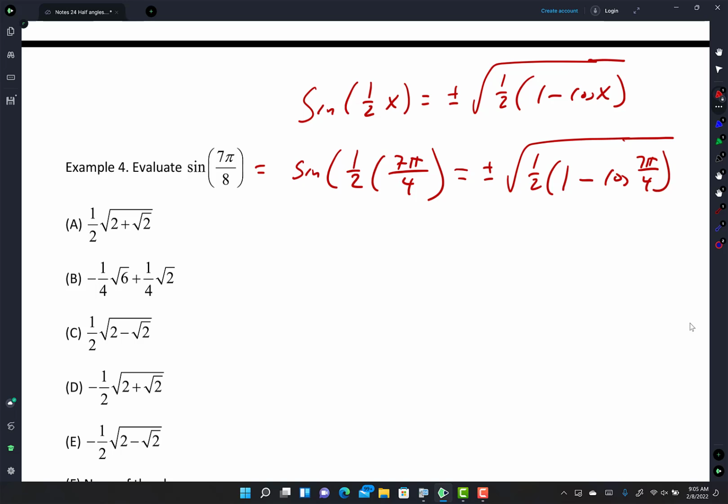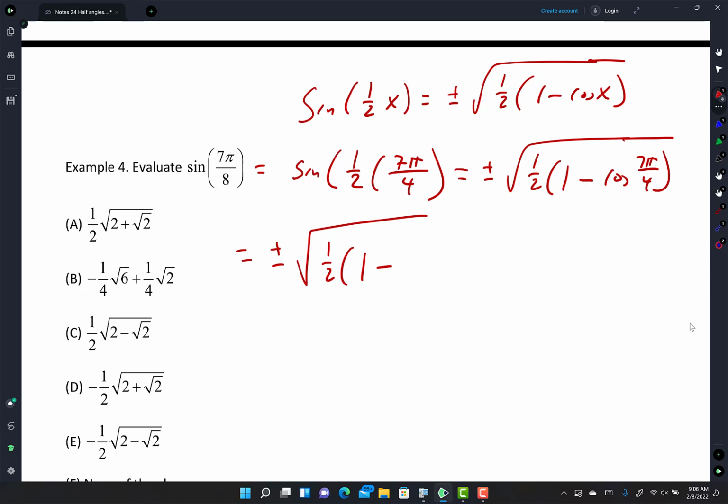All right. So now, do you remember the unit circle is coming back, guys? Plus minus 1/2 parenthesis 1 minus. Do you remember what cosine of 7 pi over 4 is? You're in quadrant 4. What is it? Yeah, because it's the x coordinate, cosine of 7 pi over 4.